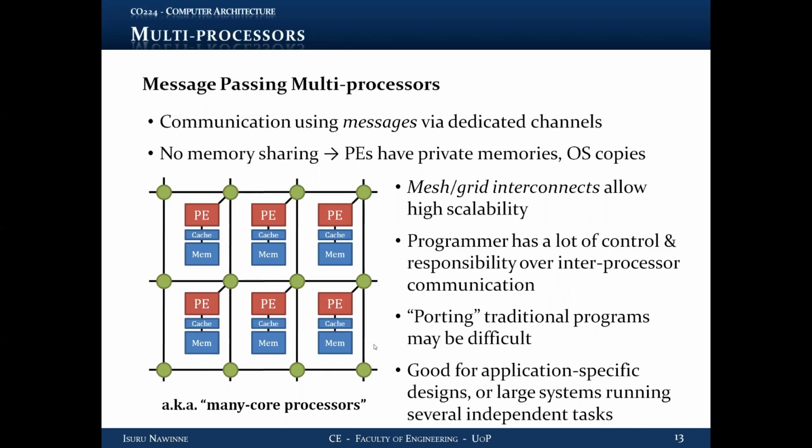You can imagine you have hundreds of processors, and hundreds of tasks even. A single task may have a small number of threads running on a small number of processing elements. So the communication will happen between those processing elements, and the other processing elements will run other tasks, right?